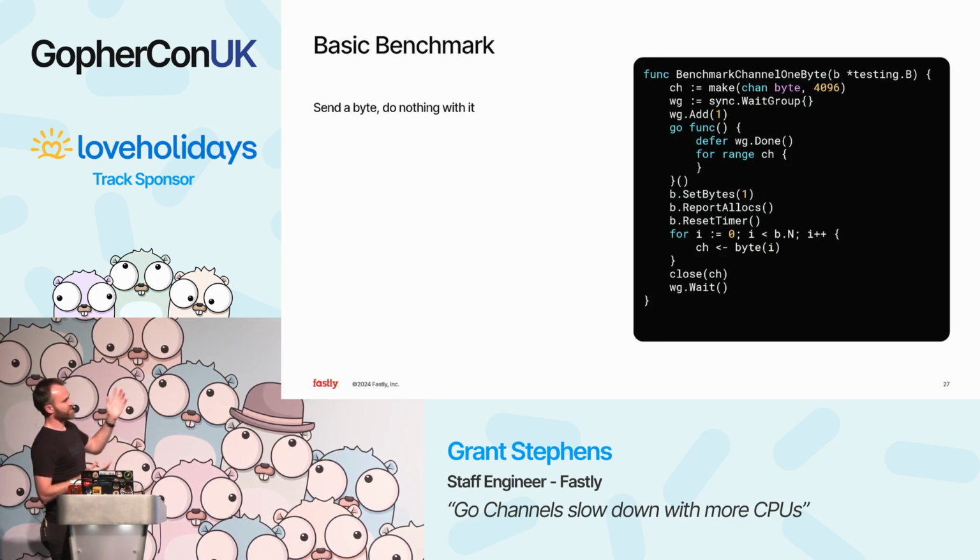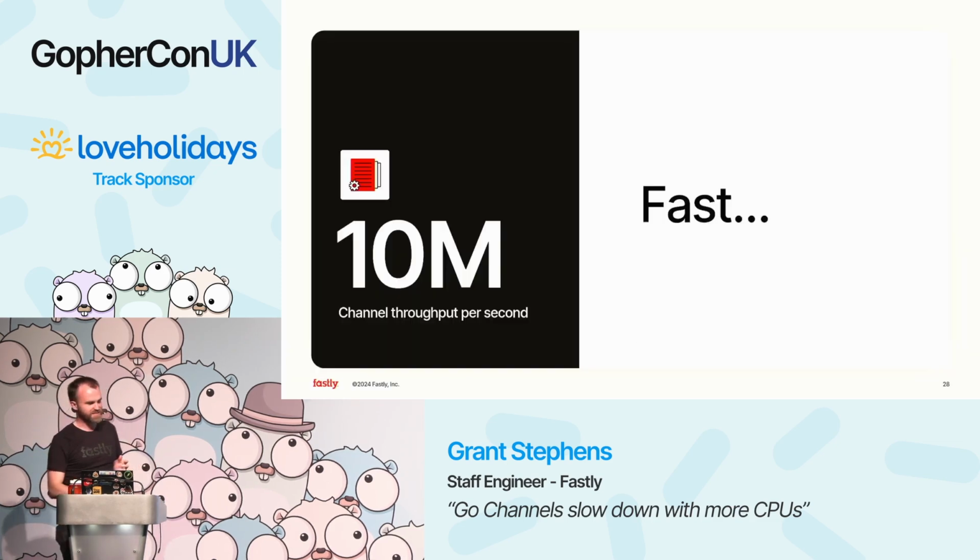When you read that article, all Phil did was write a basic benchmark: send 1 byte, do nothing with it, see how quickly you can do it. Simple as that. He says a lot more and does some comparisons with other things and using a buffer, but at the end of the day, Phil finds that channels are fast. There are about 10 million messages that you can get through a channel a second.